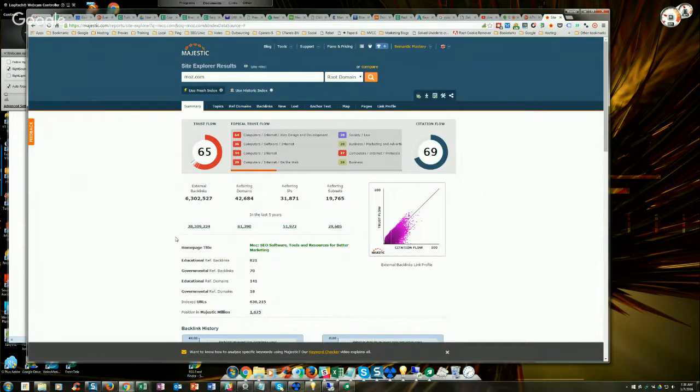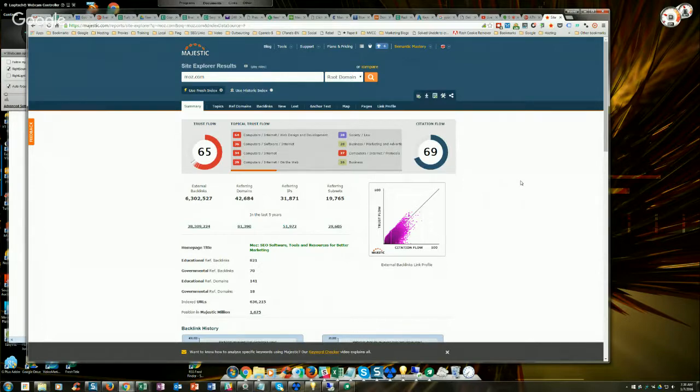When you're looking at expired domains, if you see a domain with a citation flow of 35 and a trust flow of 10, that's an indication that it's been spammed. Typically what we're looking for is as close to a 1-to-1 ratio of trust flow to citation flow as possible, or a higher trust flow than citation flow, which isn't too common.